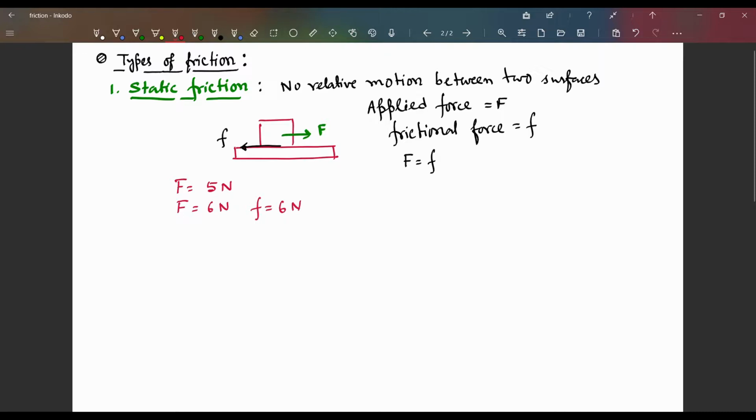Now if we apply an external force of 10 Newton, then the body has a tendency to move. Therefore, this 10 Newton is the maximum value of force at which the body tends to move. Then this force is known as the limiting friction.